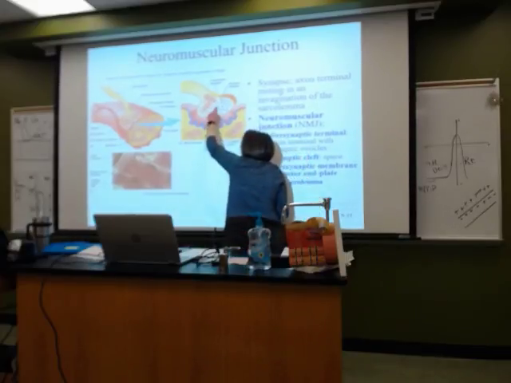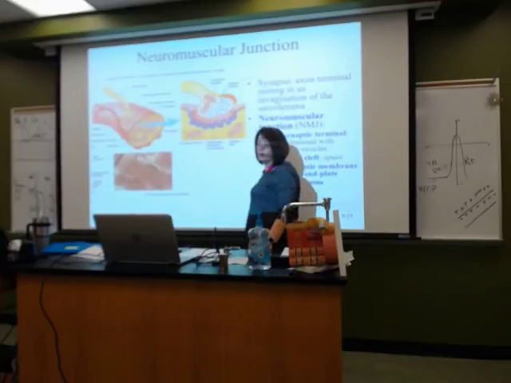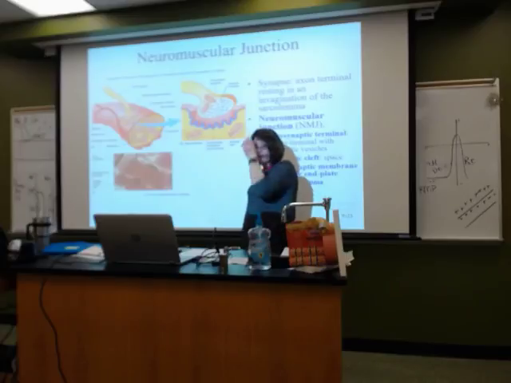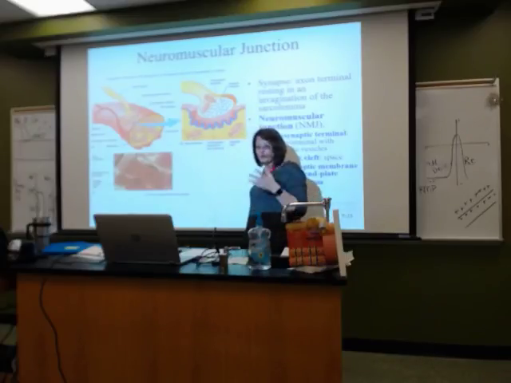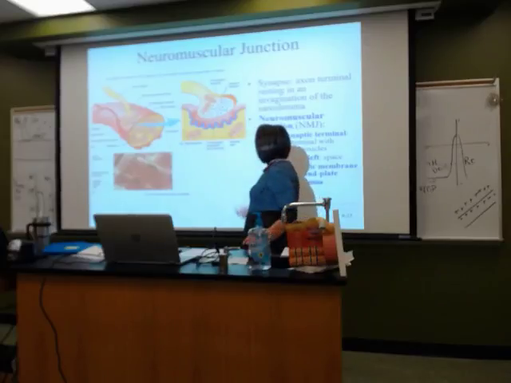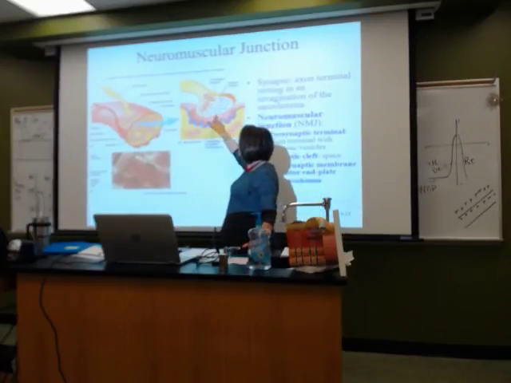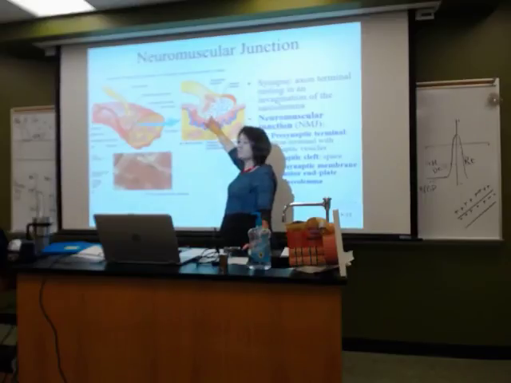The only thing that a cell can produce as a product, okay, is a protein. So the little filled vesicles, the product of the nerve, is going to be a neurotransmitter.